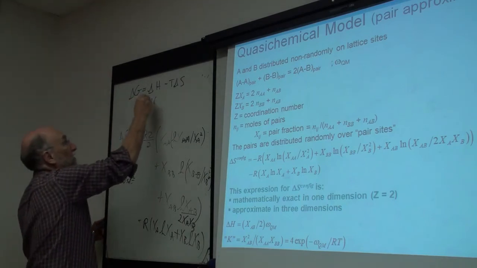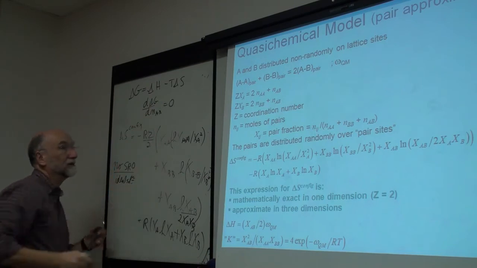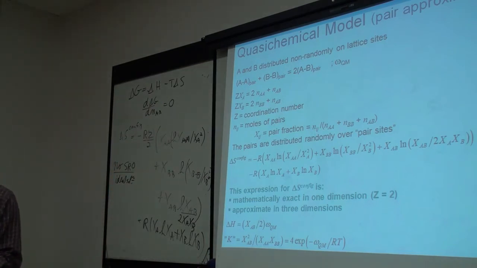You take d delta G over d number of AB bonds equal to 0, and solve it using the mass balances, and you end up with an equilibrium constant for the quasi-chemical reaction. It is the number of AB pairs squared divided by the other terms. The 4 comes out of this, and you can compare this to the associate model and see it's very, very similar.